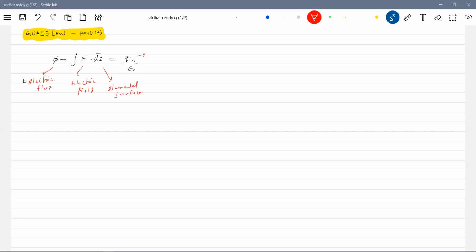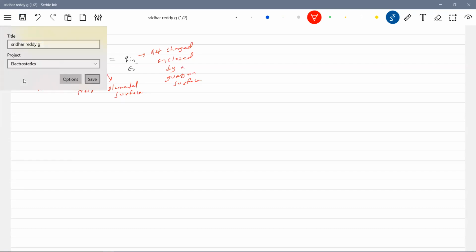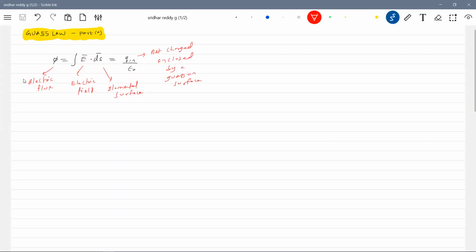Q in is the net charge enclosed by a Gaussian surface. Okay, these are all the various quantities which we have defined here.